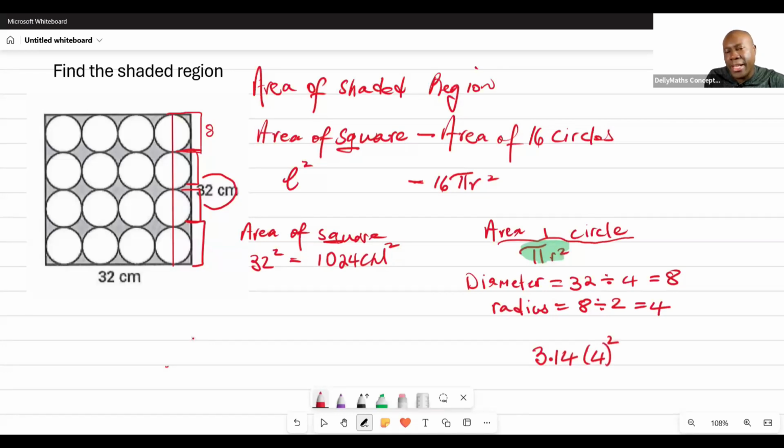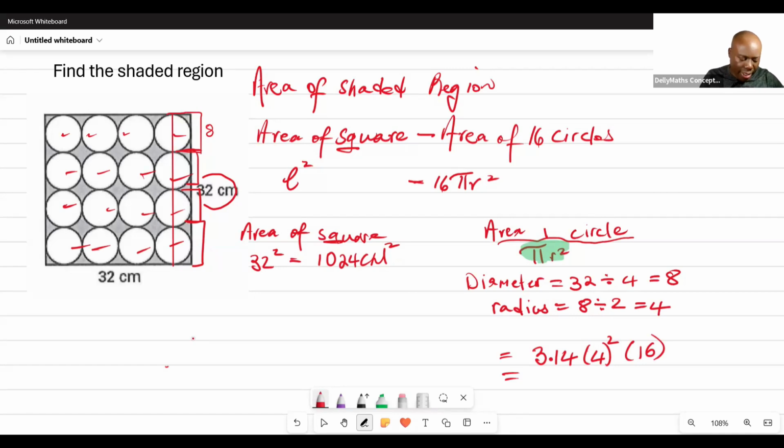That's for one, but remember that it's going to be 16 of them that we need. So I'm going to multiply this by 16 to capture all of them.